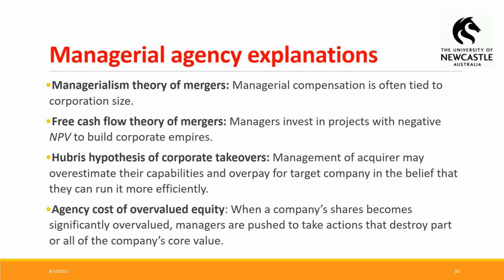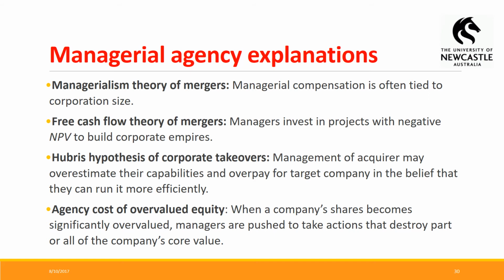Finally, we look at the agency cost of overvalued equity, and this is quite an interesting hypothesis. What it says is that when a company is overvalued, this is when the shareholders have very high expectation, right, for the company's performance. In this case, managers are under pressure to keep maintaining the illusion that the company is doing very well.